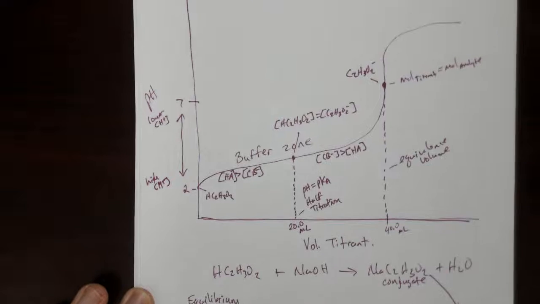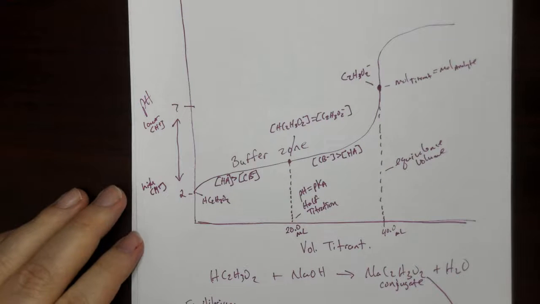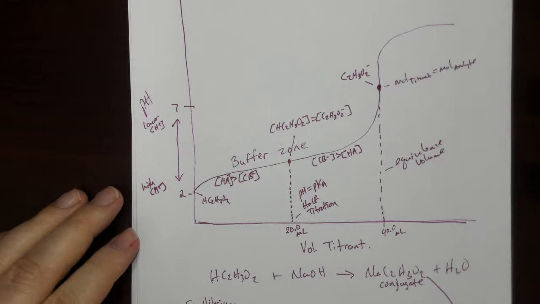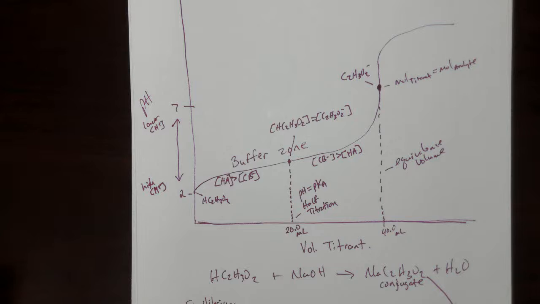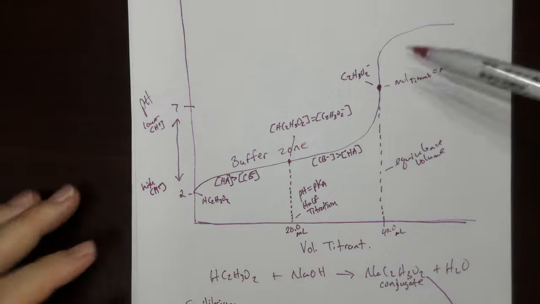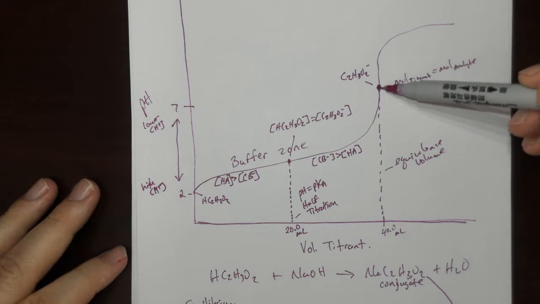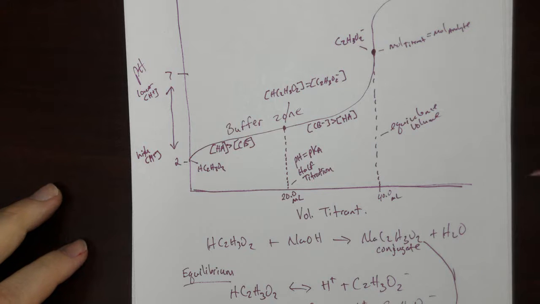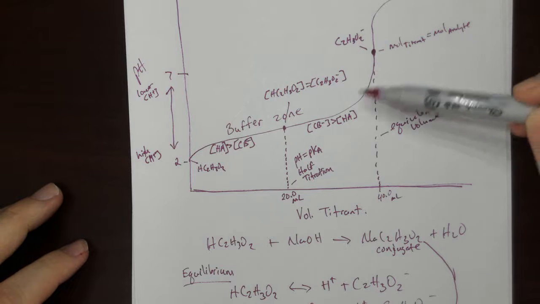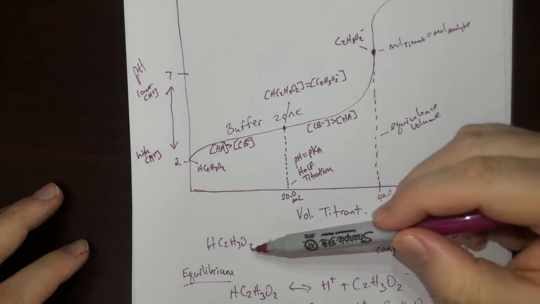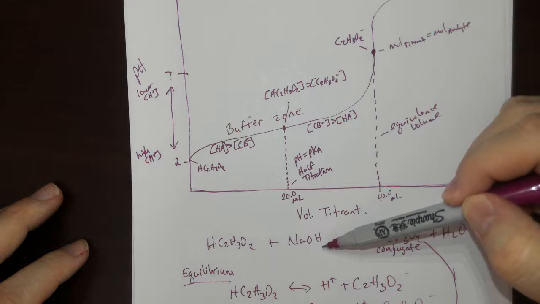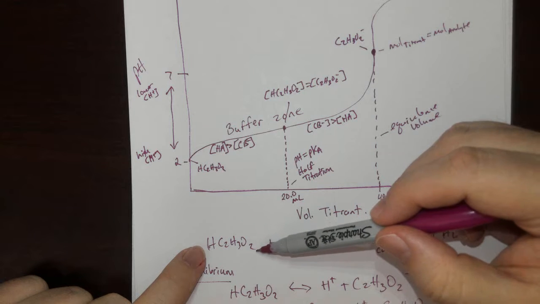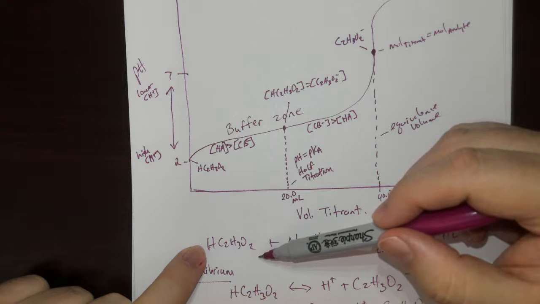So finally, in terms of limiting and excess, at the equivalence point, your acid and base, again, this works if we did a base and an acid, they're going to be equal. Two limiting reactants when you're at equivalence. If you're before equivalence, your limiting reactant is going to be the titrant, and your excess will be the acid.